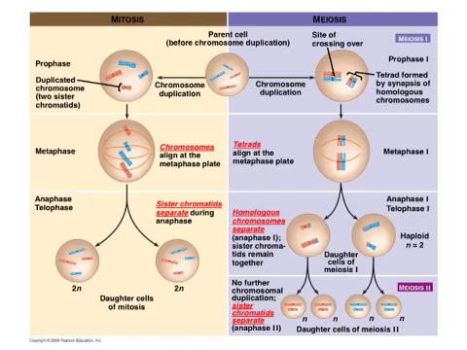This chart summarizes the differences between mitosis and meiosis visually. So it's pointing out some of the key differences between metaphase of mitosis and metaphase 1 of meiosis. In mitosis and metaphase, you have individual chromosomes aligning at the metaphase plate. In meiosis 1, you have tetrads aligning at the metaphase plate. And look, you can even see the crossing over, the recombination happening right there.